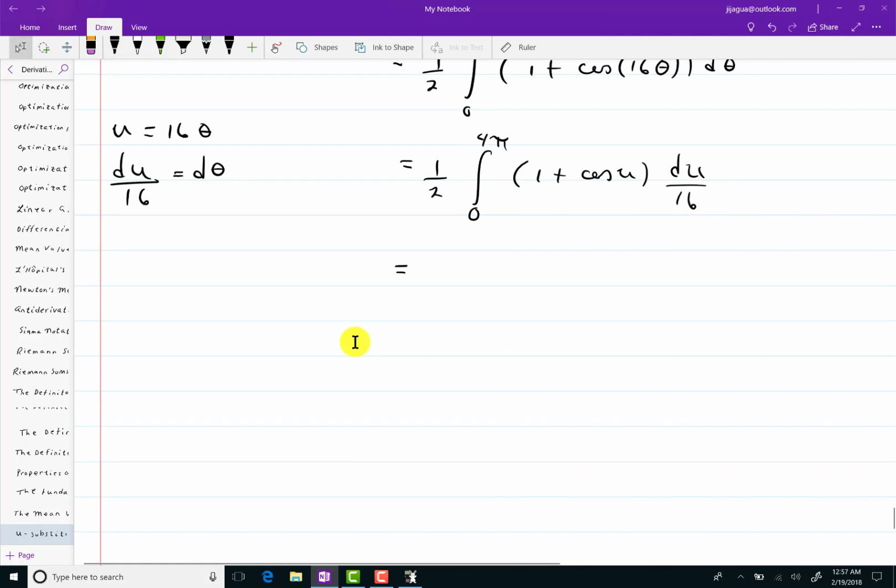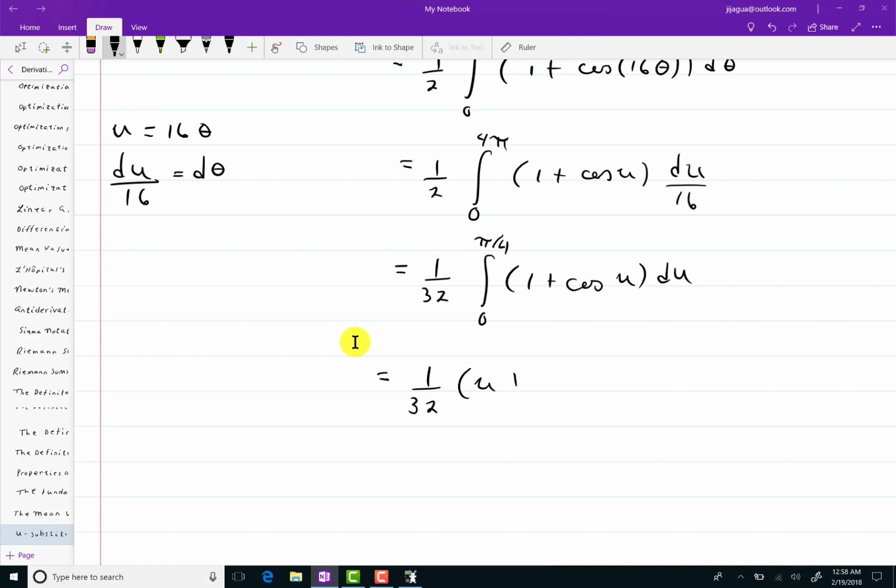I have 1 over 32, integral from 0 to pi over 4, 1 plus cosine of u du, equals 1 over 32 u plus sine of u from 0. I can't believe I put that pi over 4 over there. 0 to 4 pi.